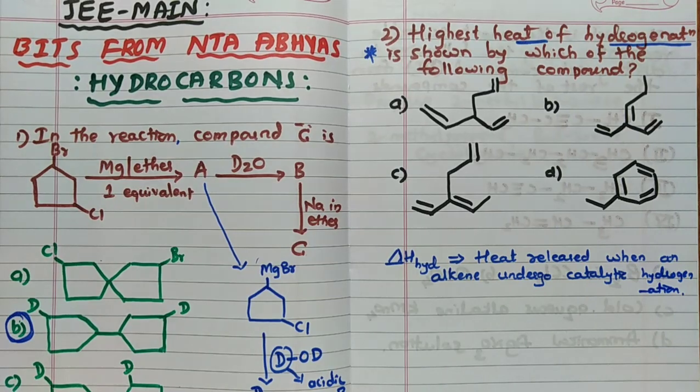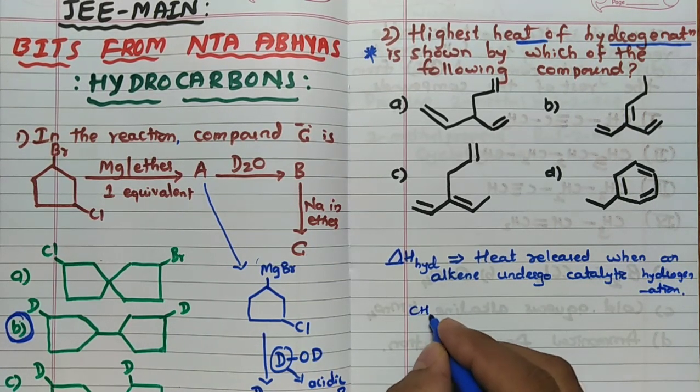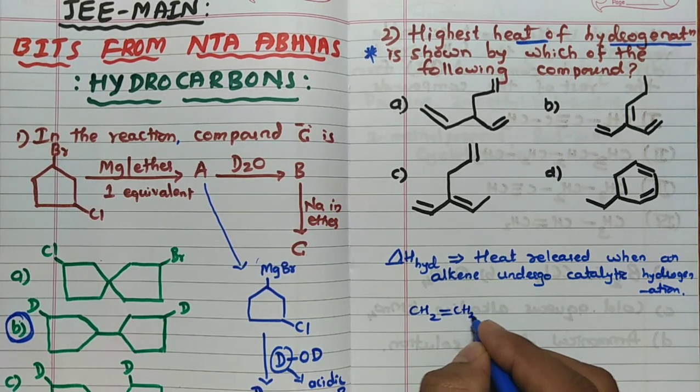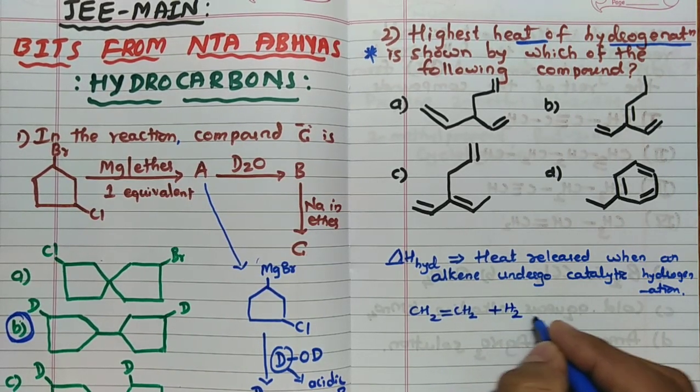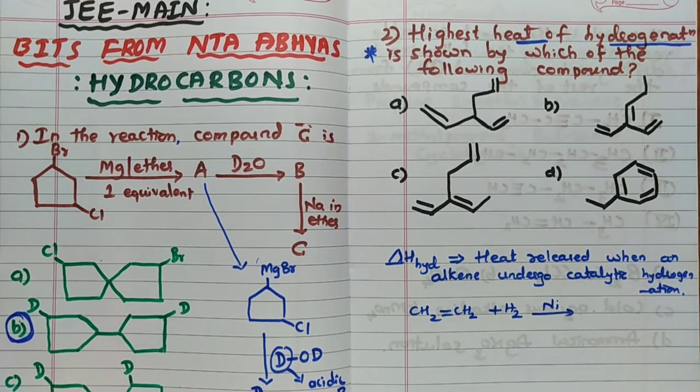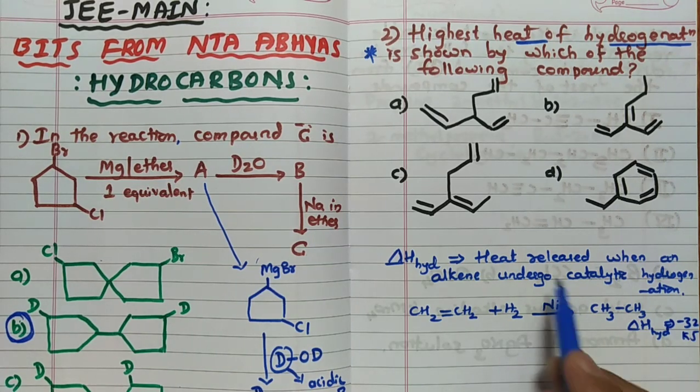For example, when CH2=CH2 undergoes catalytic hydrogenation in presence of nickel, this will form CH3-CH3. Correct? So the heat released in this particular case, delta H of hydrogenation, we call it as around minus 32 kilojoules, like that. It is always negative because it is released, remember.